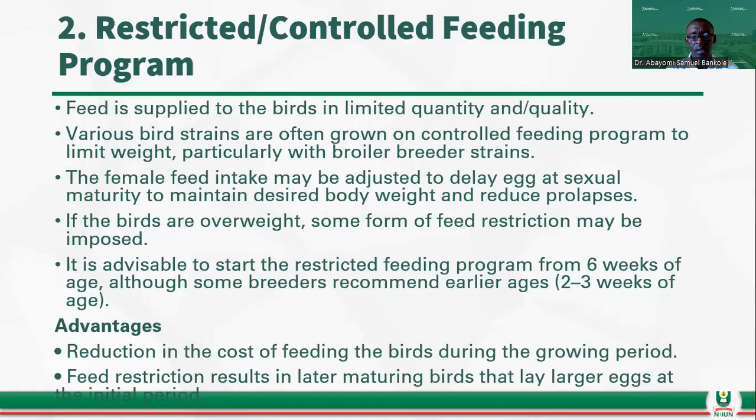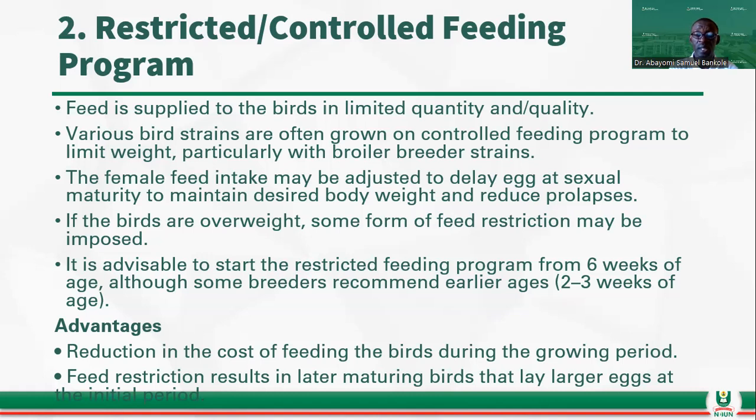The second feeding practice is the restricted control or controlled feeding program. Now, feed is supplied to the birds in this program in limited quantity or quality. Various bird strains are often grown on controlled feeding program to limit weight, particularly with broiler breeder strains.